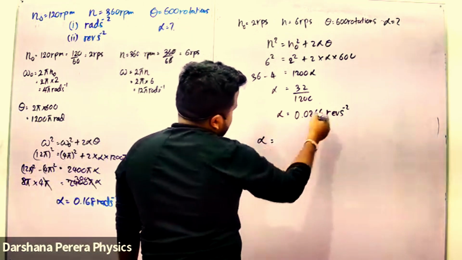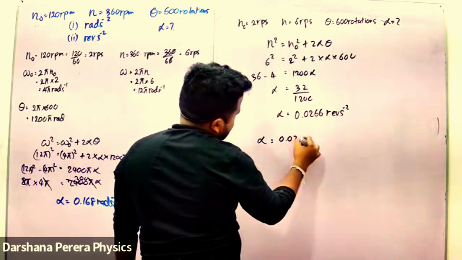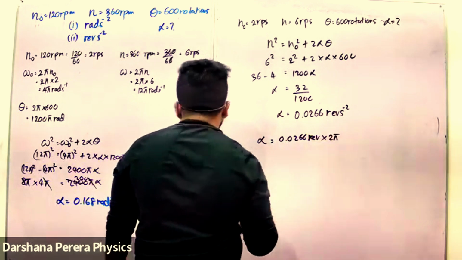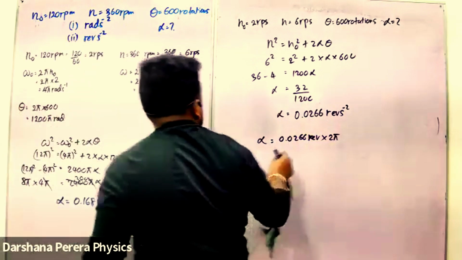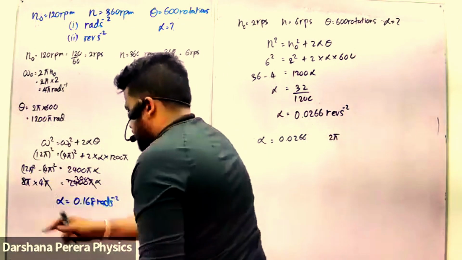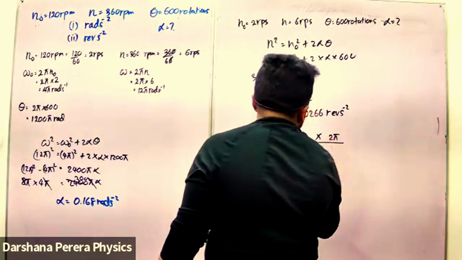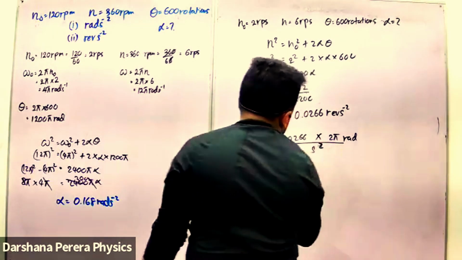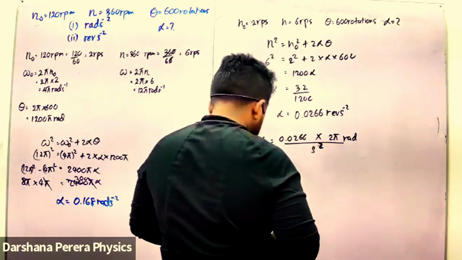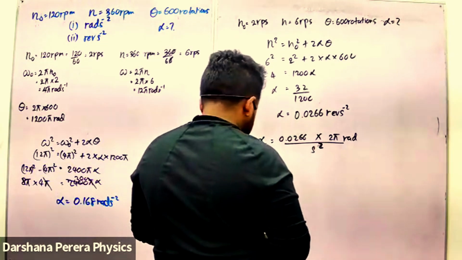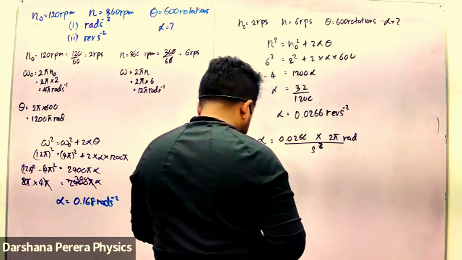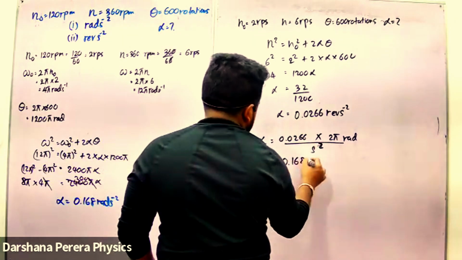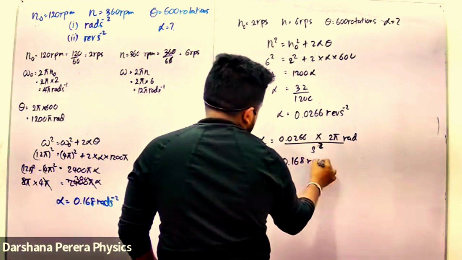We can convert revolution to radian by multiplying by 2 pi. 0.0266 into 2 pi, yes, we get this value, 0.168 rad s minus 2.